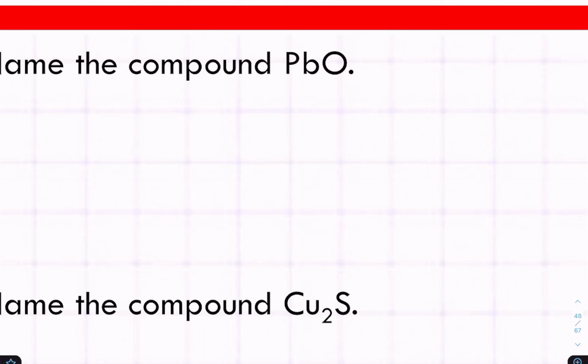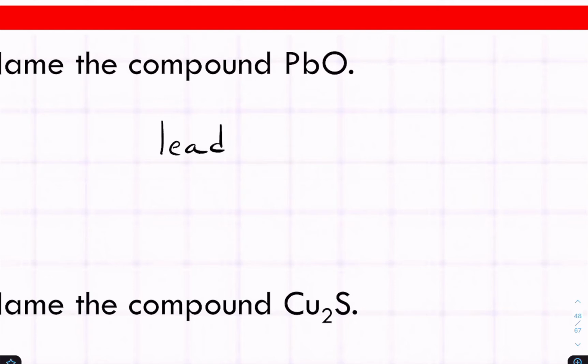Is it a metal that forms more than one type of charge? Well, lead's kind of in a weird spot on the periodic table. But it is a metal, and it's not one of the metals I had you memorize. So lead does form multiple charges. So it's lead.